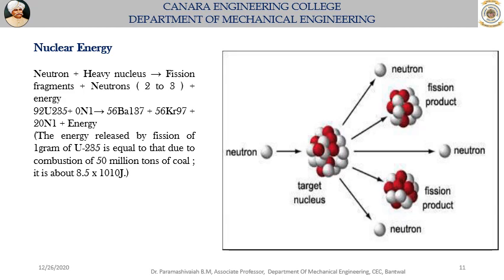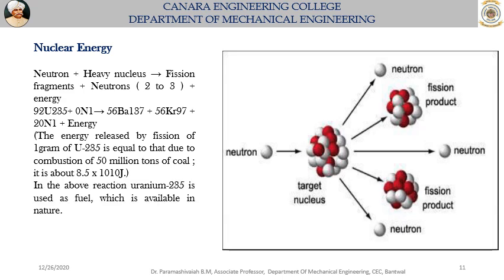So just imagine, by this nuclear fission reaction of 1 gram of uranium-235, the heat released is almost equal to combustion of 50 million tons of coal. Such an enormous amount of heat is released during the nuclear reaction.